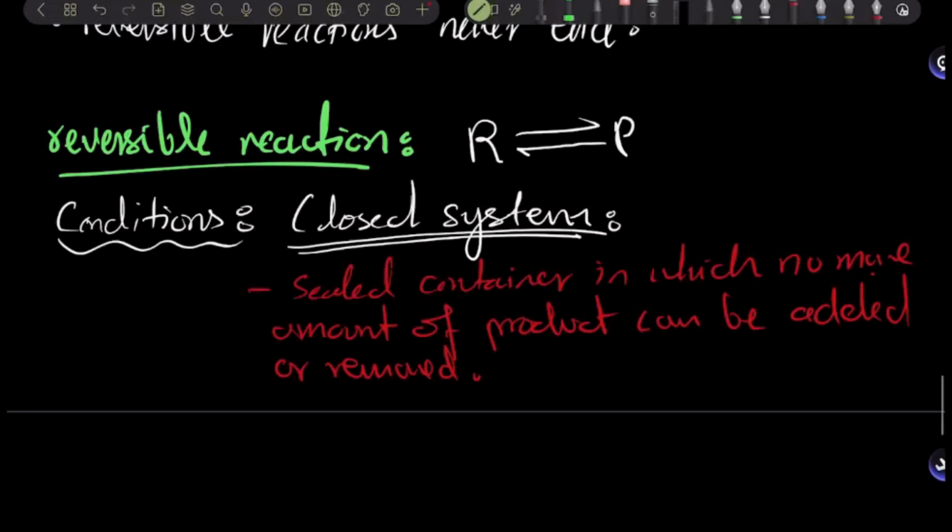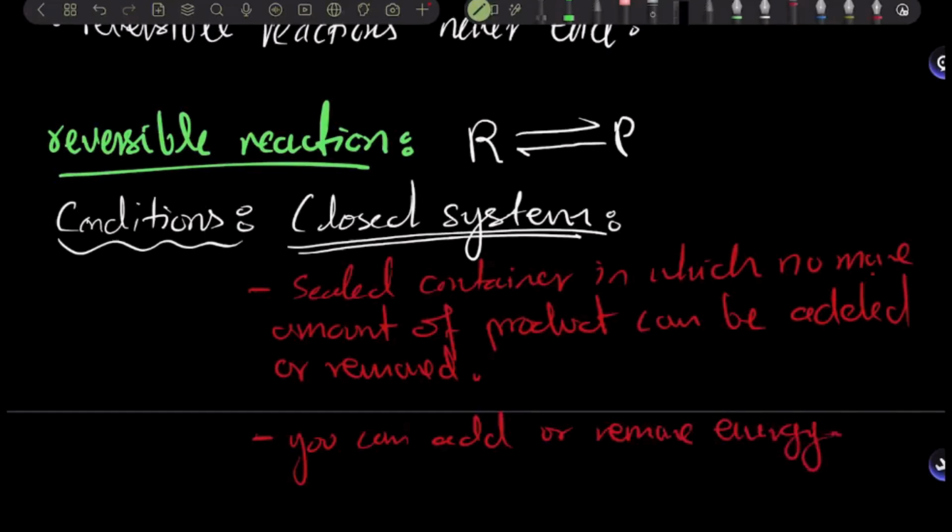But what you can do is add or remove energy. That is allowed. Energy can be transferred or removed, but the amounts of the reactants or products cannot be added or removed, because that's a closed system.